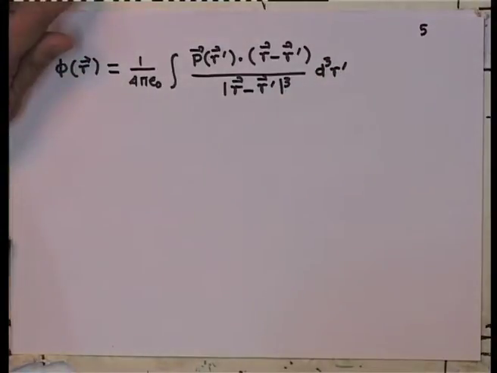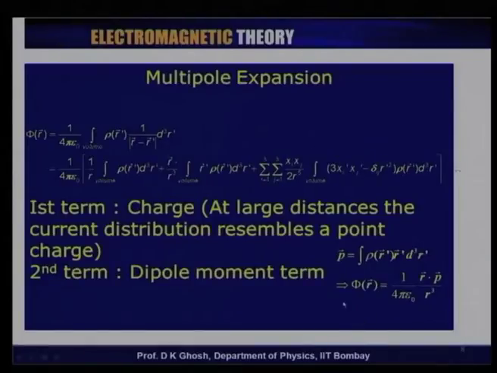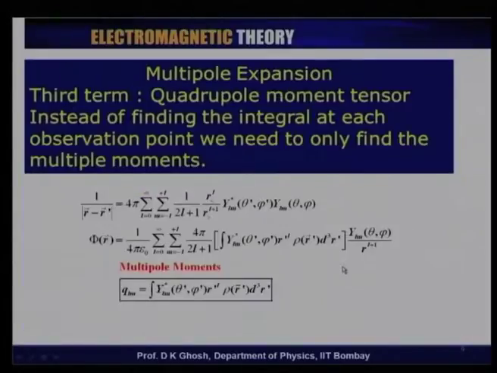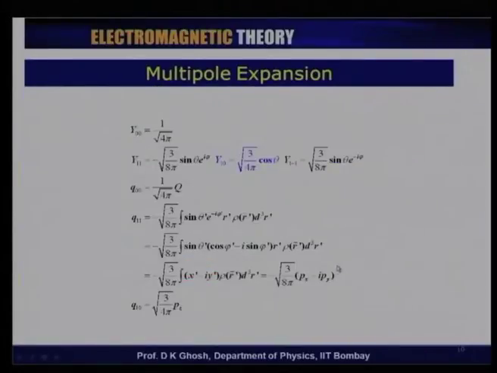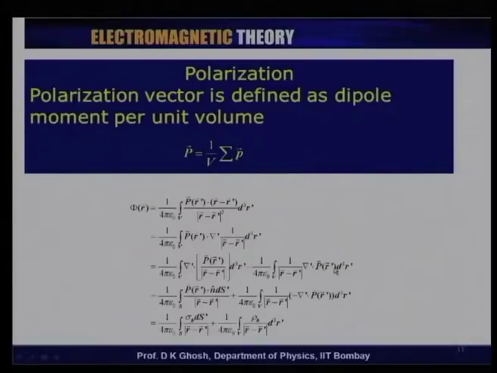I had shown earlier that the potential due to the dipole moment term is given by r dot p by r cubed. Now, what is p? P is the dipole moment of that volume.